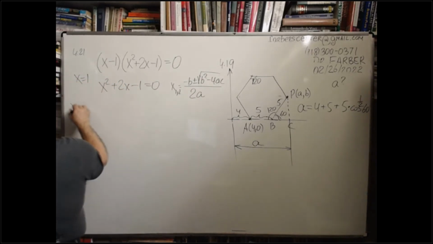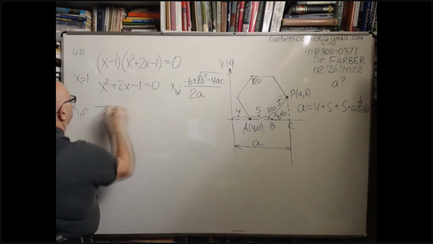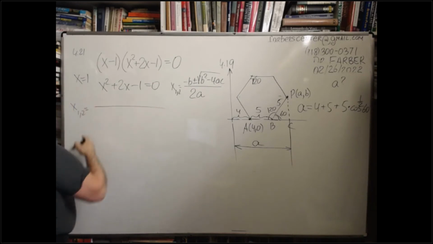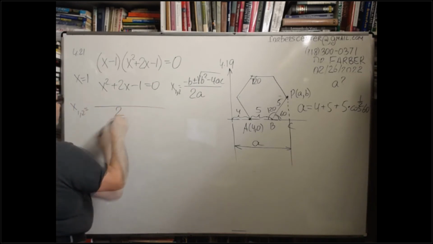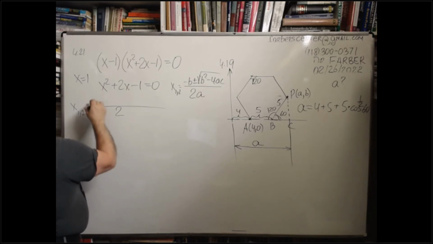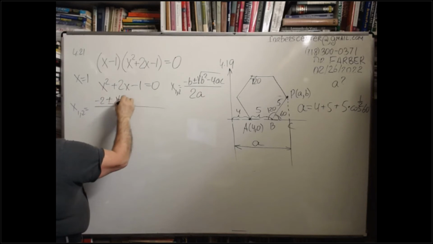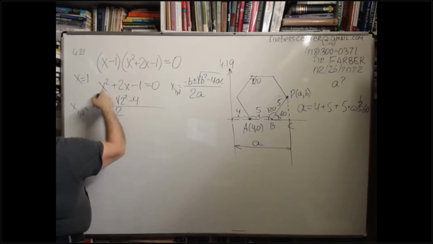So x1,2 equals, since a equals 1, 2 times 1, minus 2 plus or minus square root of 2 to the second minus 4 times 1 times 1.